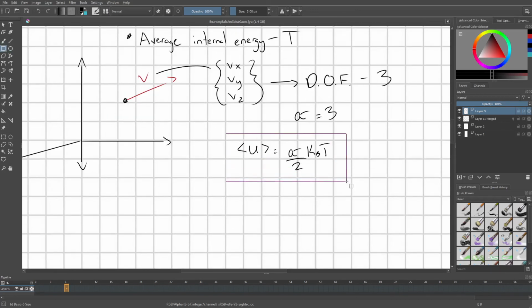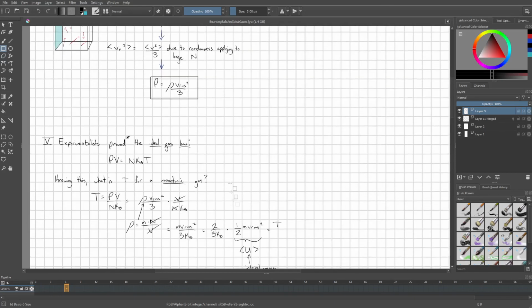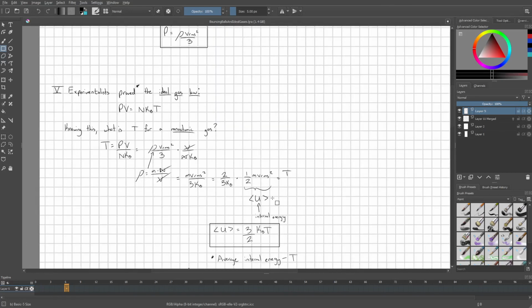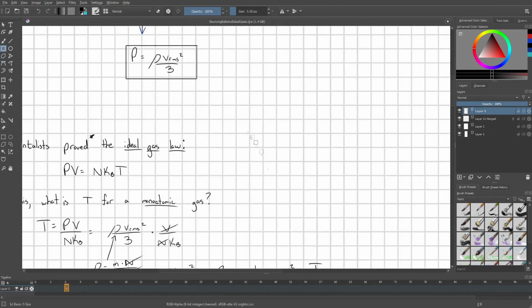But that's just one way that we could apply our pressure and think about it alongside the ideal gas law.